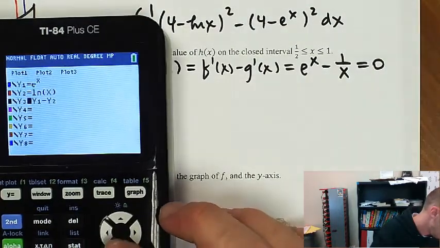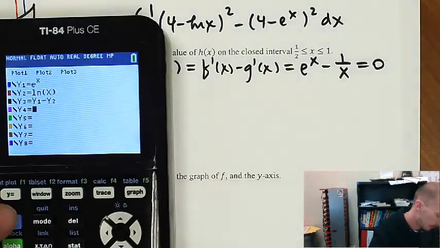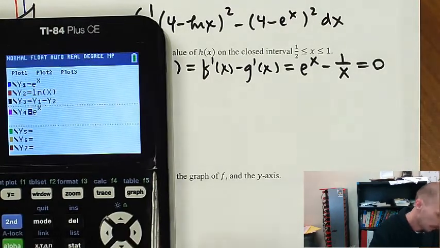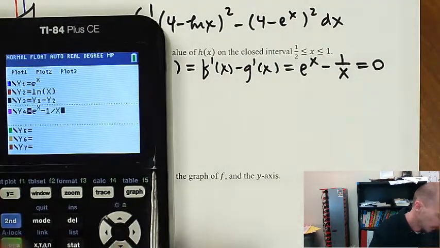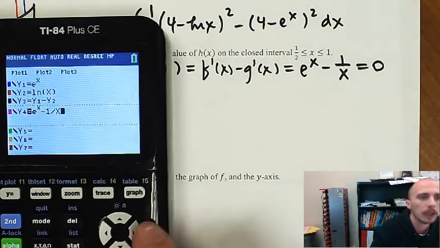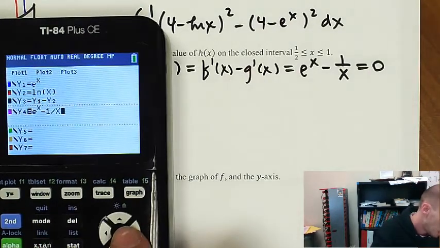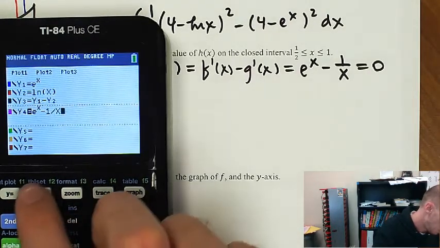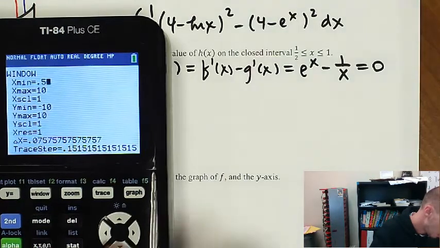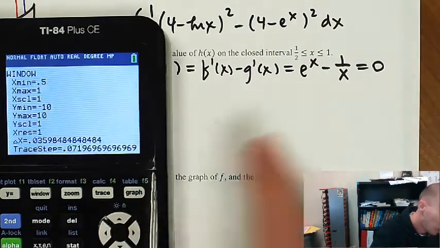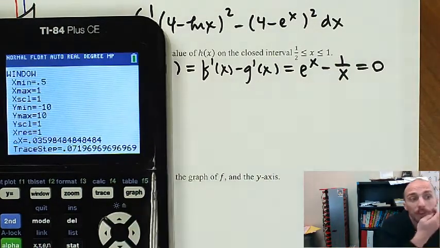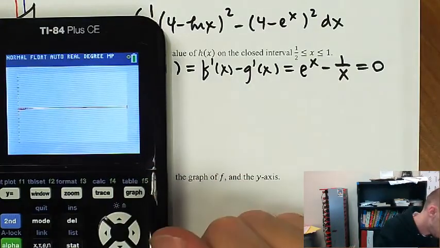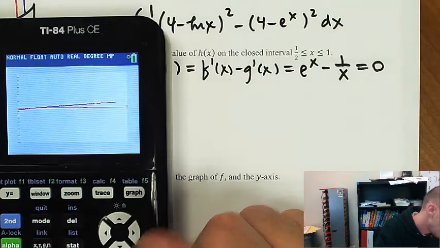So I'm going to do a little investigation and find out where that is. I'm just going to not graph any of these things, and I'm going to instead graph e to the x minus 1 over x. I'm graphing that on the interval 1/2 to 1 so that I'm only looking at zeros of the derivative that I'm interested in. Okay, there it is. I found one.